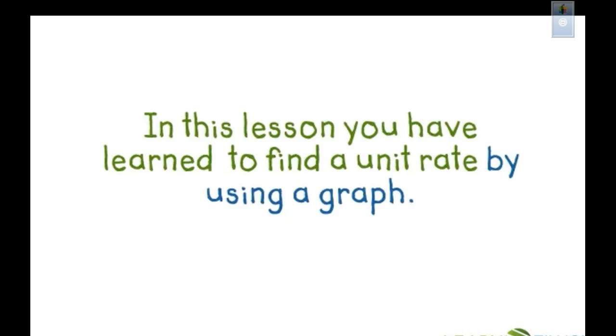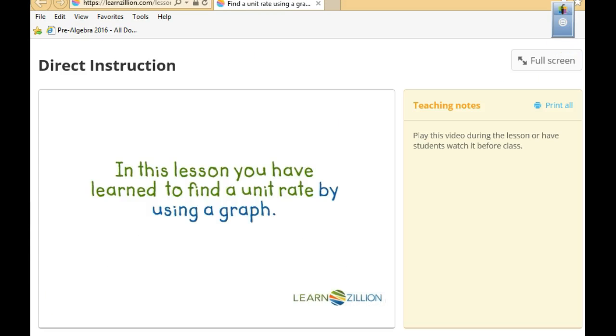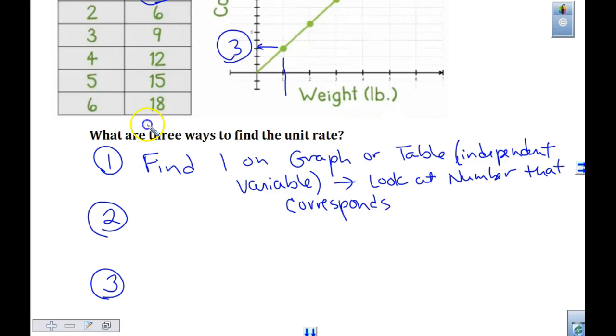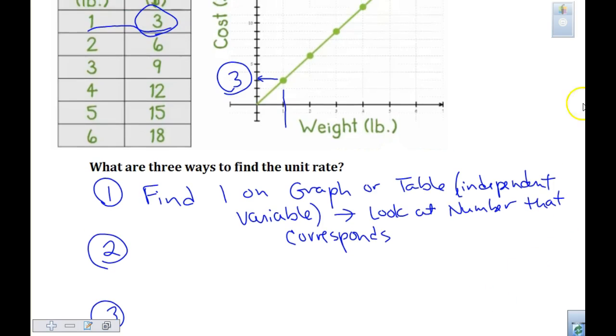In this lesson, you have learned to find a unit rate by looking at a graph. Going back to this page, they talked about 2 more ways. The first one was finding 1. The second one, did anyone have what they had for the second one, that we could use an ordered pair, right? They said you can use any ordered pair.